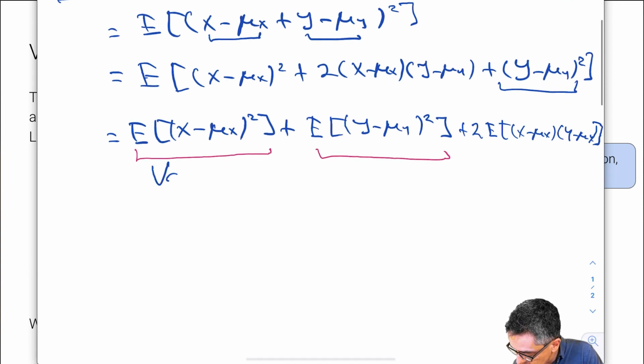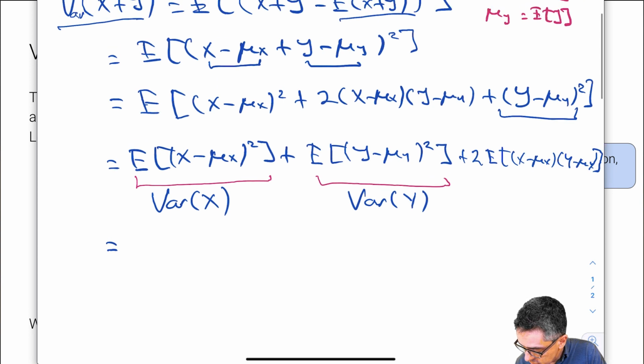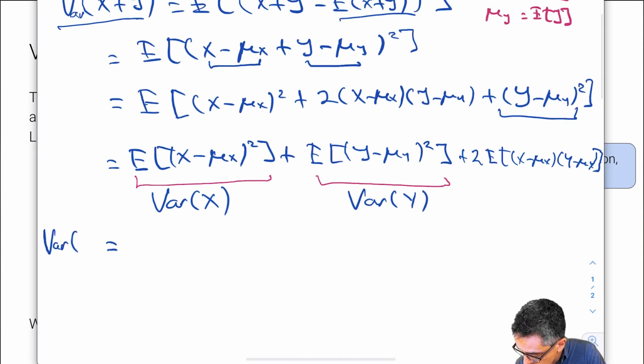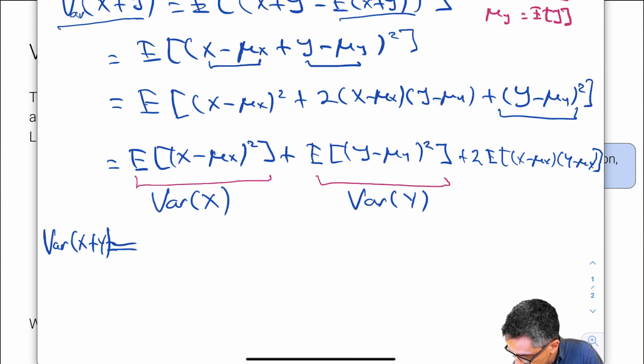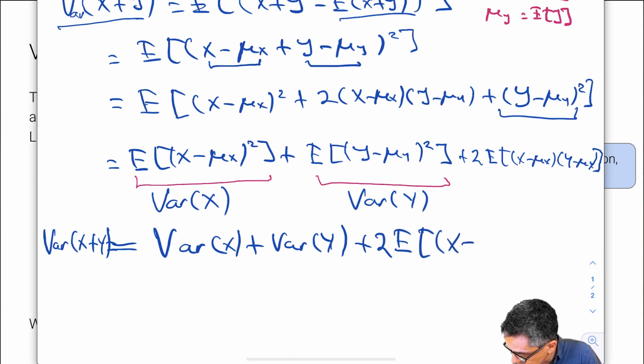This is the variance of x, and this is the variance of y. So we have that the variance of x plus y is equal to the variance of x plus the variance of y plus twice this quantity, the expected value of (x minus mu x) times (y minus mu y).